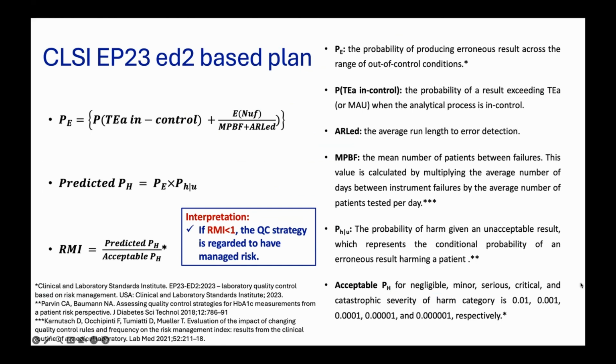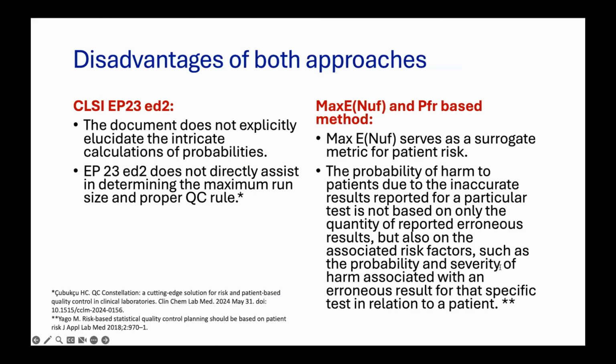Eventually, in this approach, we can calculate the risk management index and assess if our QC strategy has managed risks. If the risk management index is below 1, the QC strategy is regarded to have managed risks.